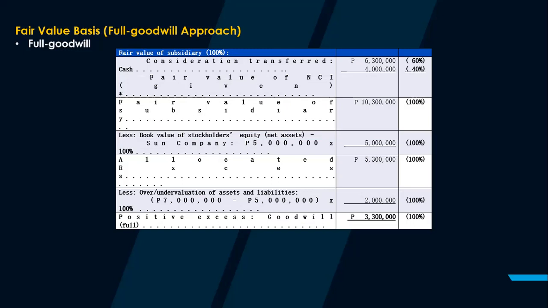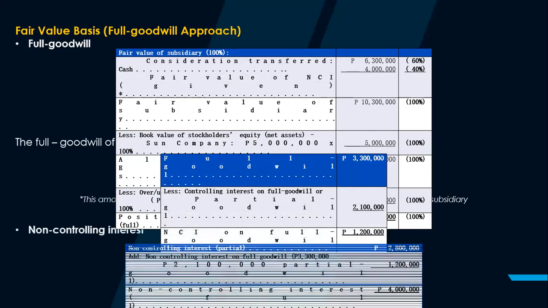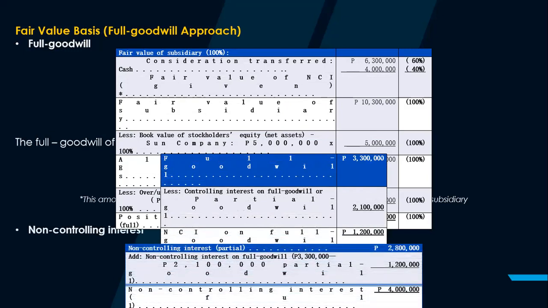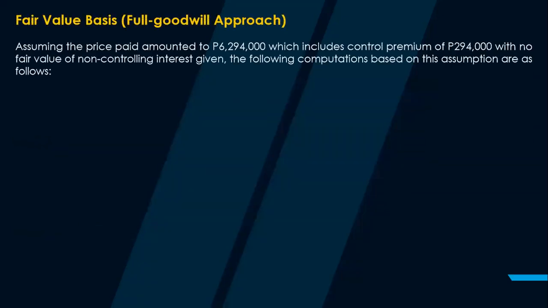So difference is the allocated excess of 5.3 million, the over undervaluation of assets of 2 million. Now we have goodwill as the positive excess. So we have now the controlling interest in the partial goodwill was 1.2 million.